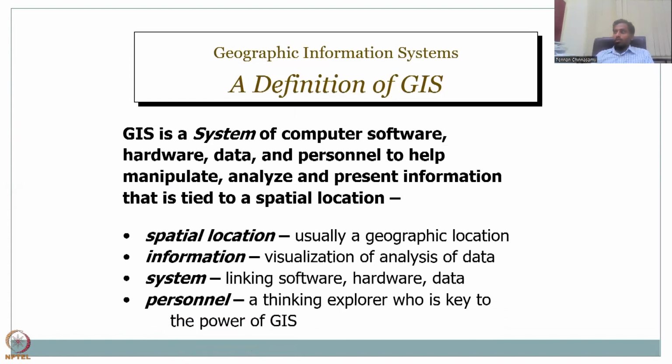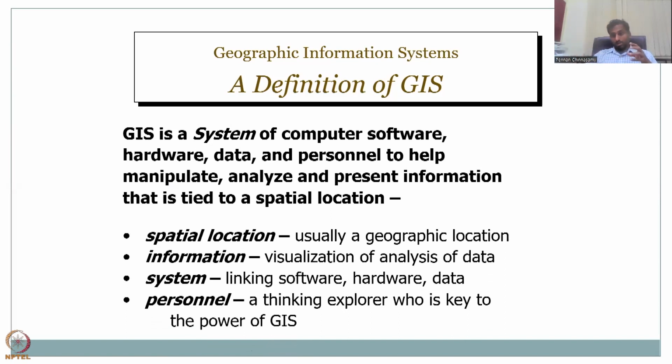The final one we could say is that it is a combination of software and hardware. That's why it's called a system. If we just say GIS is a system, it includes computer software, which is QGIS, for example, and then it includes your hardware, which is your computer, your scanner, etc. Data.